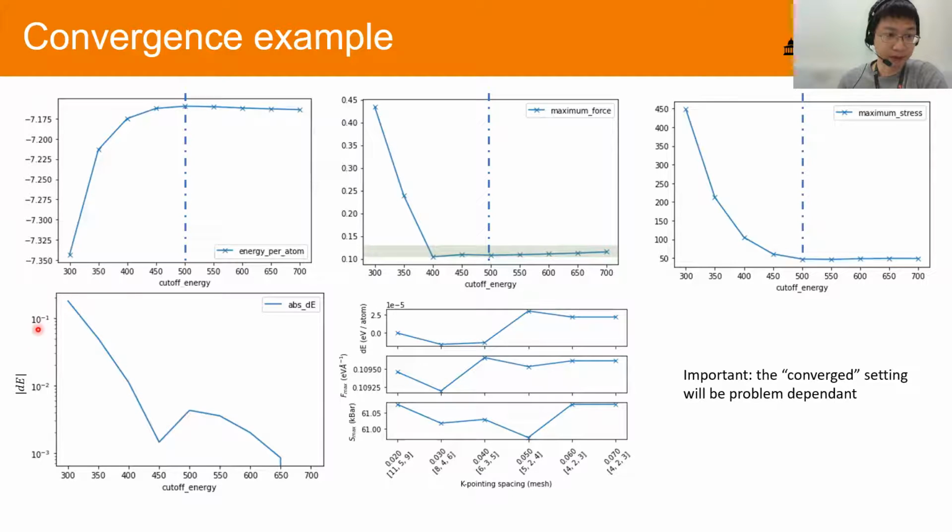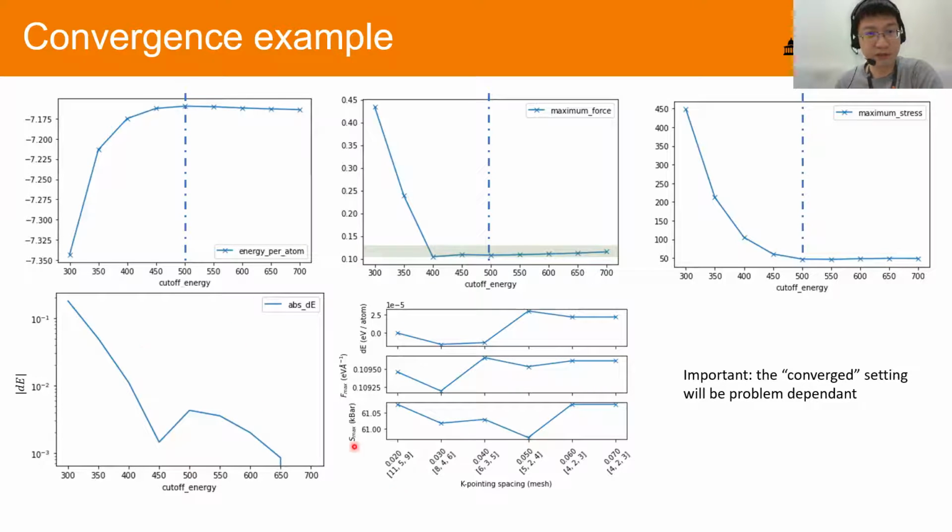And if I plot the error with respect to the most converged value, I get this energy change diagram, where you can see that at about 450 or 500-ish, the change is less than 10 millielectron volt per atom.